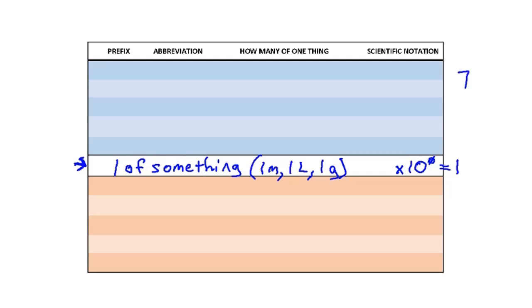You could have 749 to the 0 power, and that's going to equal 1. So anything to the 0 power equals 1. So 1 times 10 to the 0 power is just 1 of something: 1 meter, 1 liter, or 1 gram. Now going up 1 above this, getting bigger than 1 of something, we have Deca.